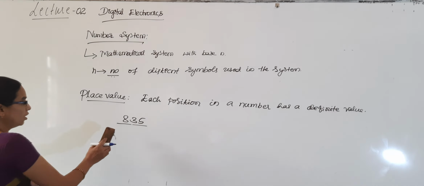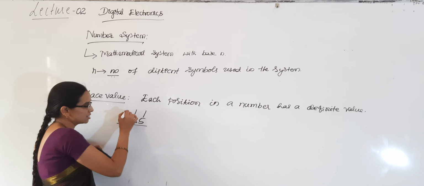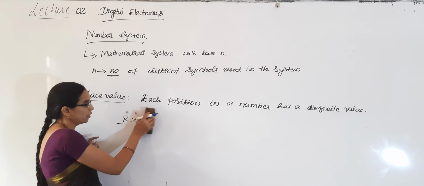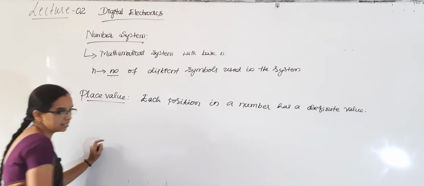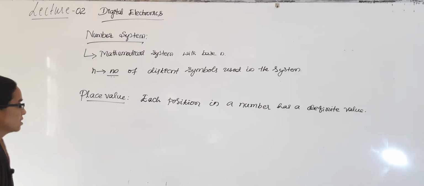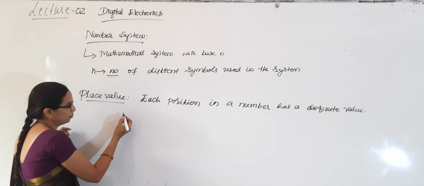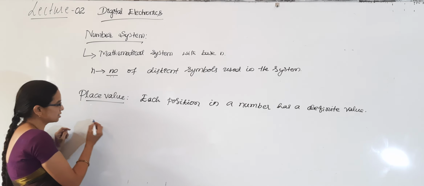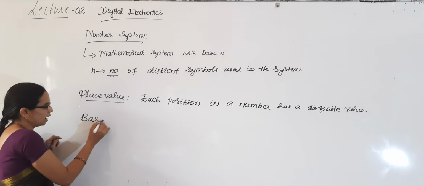So each digit has its place value, and the place value is represented using the base or radix.